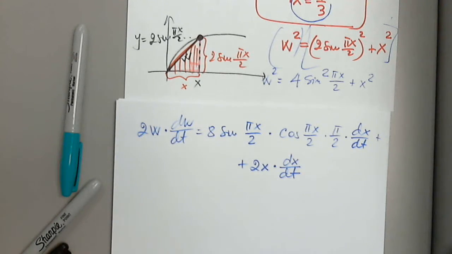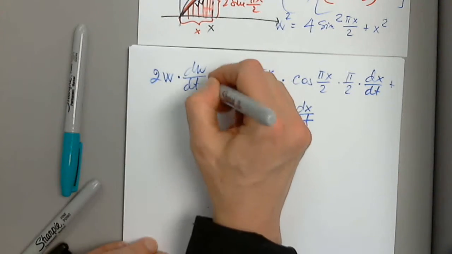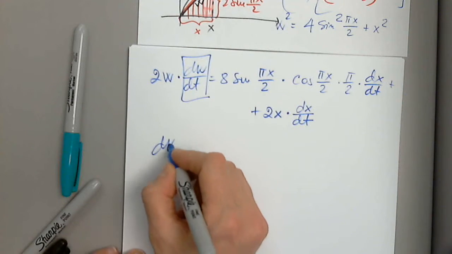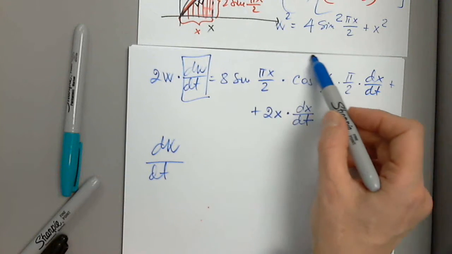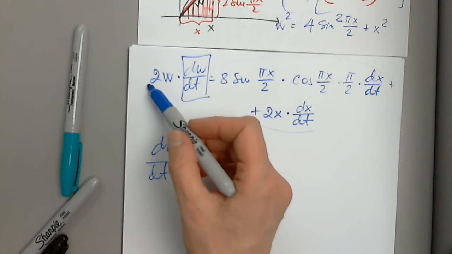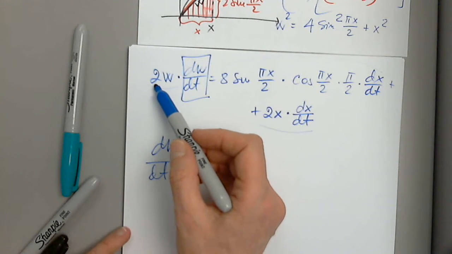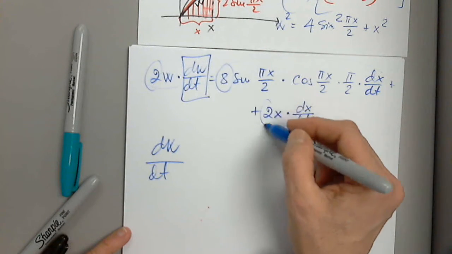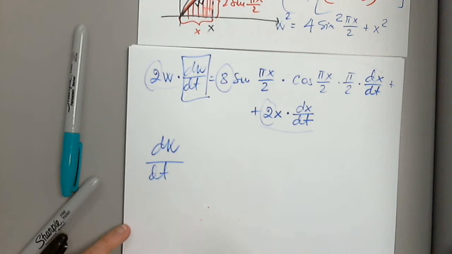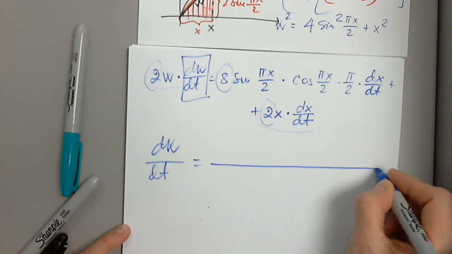Now, all I want is to find dw over dt. Notice that this is one term and this is one term, and I can simplify by 2. I simplify this by 2, this by 2, and this by 2. So I only divide by w.